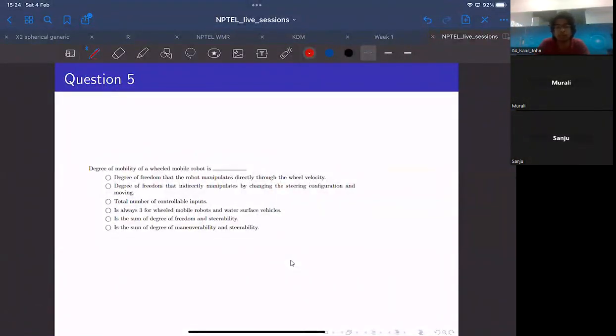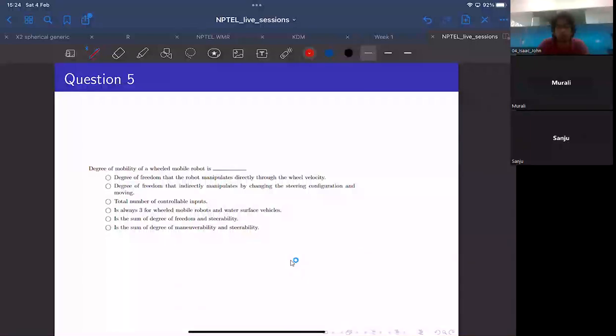So, degree of mobility of a wheeled mobile robot. Degree of mobility of a wheeled mobile robot is: option 1, the degree of freedom that the robot manipulates directly through the wheel velocity. Option 2, a degree of freedom that it indirectly manipulates by changing the steering configuration and moving.